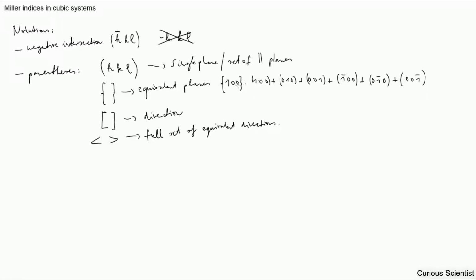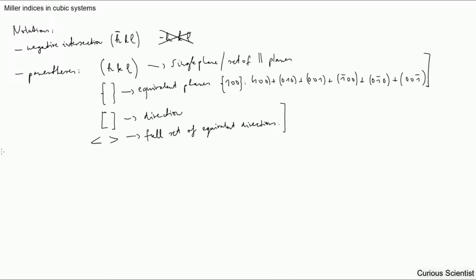So these two guys here are directions, and these two guys here are the planes. So for planes we have curved parentheses or curly, and then for directions we have rectangular or straight lines.